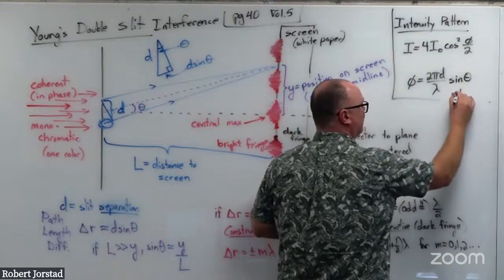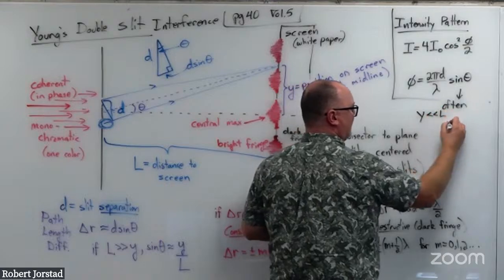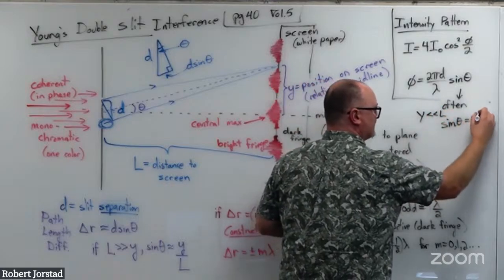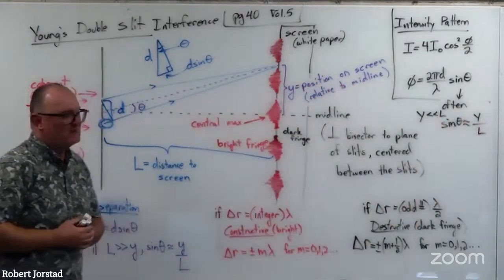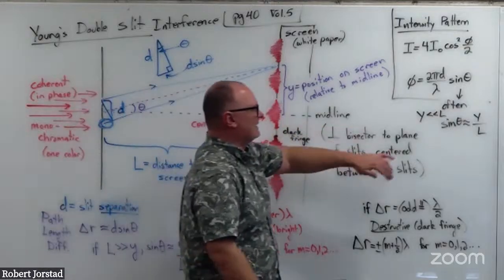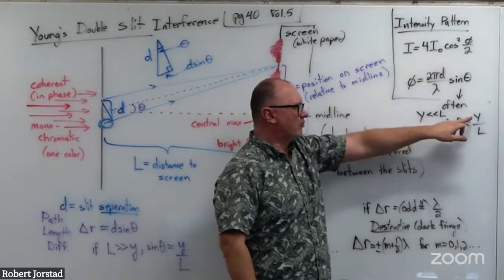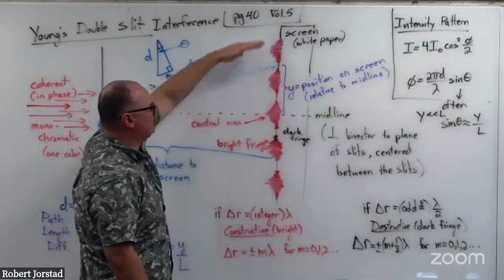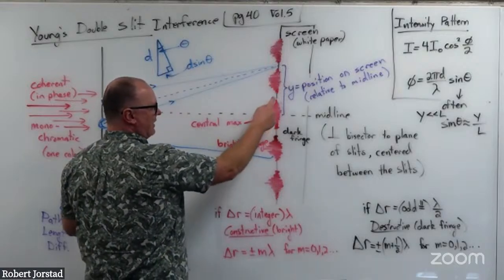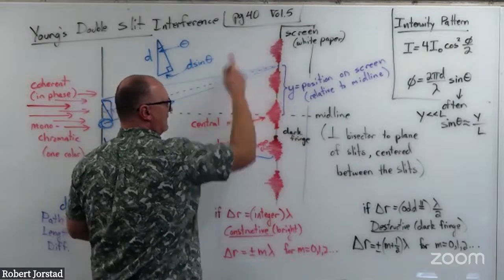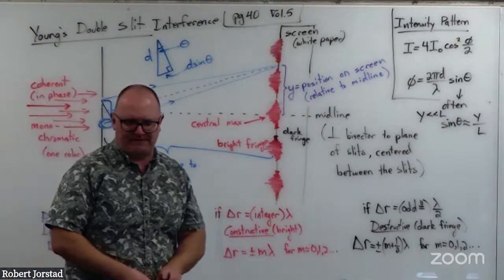Often, y is much, much less than L, so sine theta is approximately y over L. Small angle approximation. So it ends up being not so ugly. If you look at this, it's a cosine squared function of y. So as you go up or down, it's a cosine squared. Cosine squared is really bright at 0, then dark, then really bright, then dark. So this makes sense.